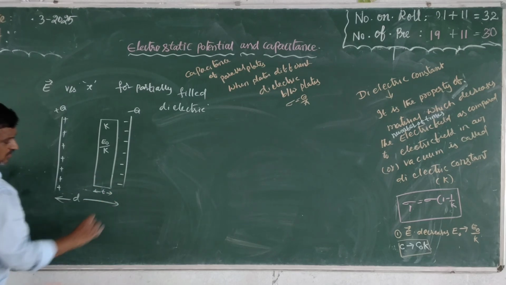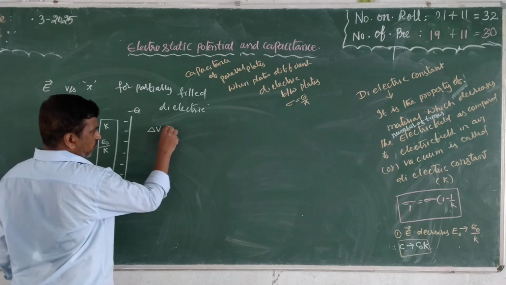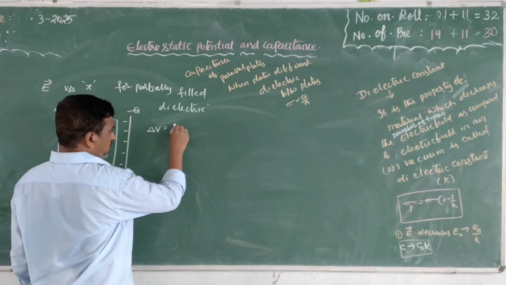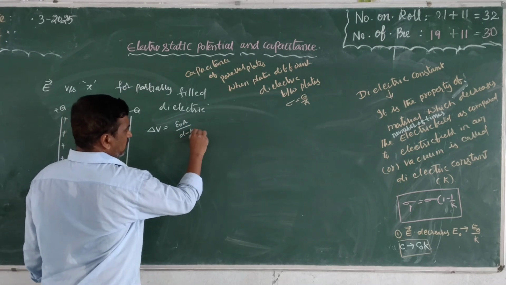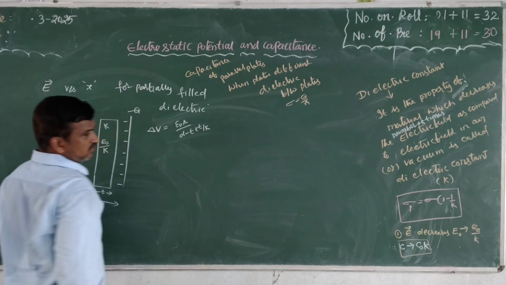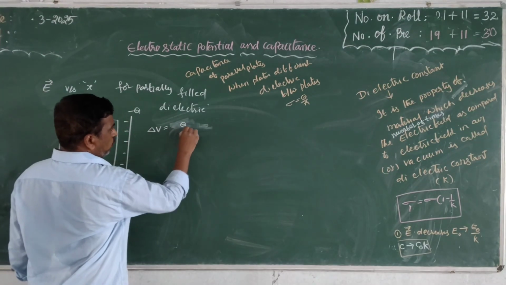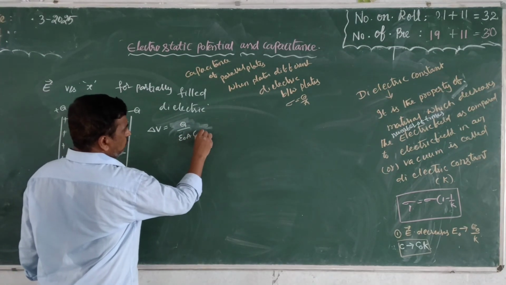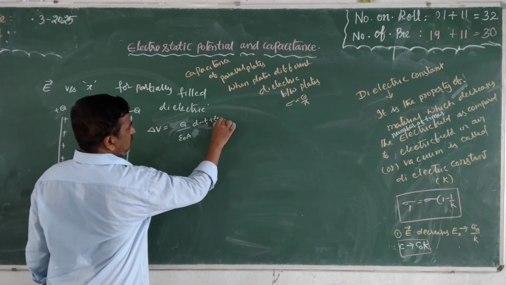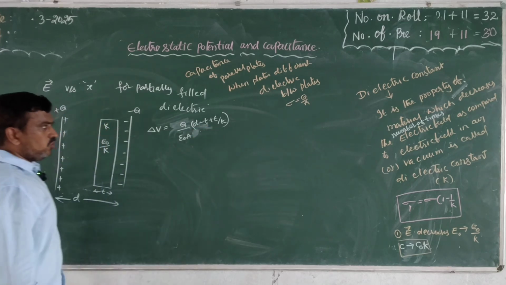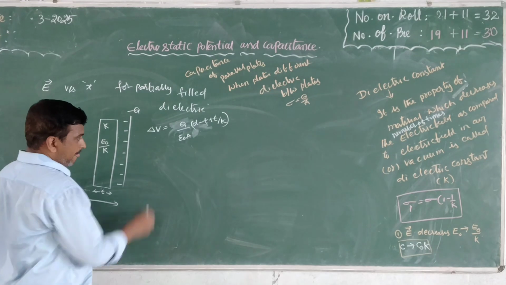In this case, what is the change in potential? We can write the change in potential is Q by epsilon naught A into D minus T plus T by K. That is, Q into D minus T plus T by K, over epsilon naught A. What is the capacitance now?